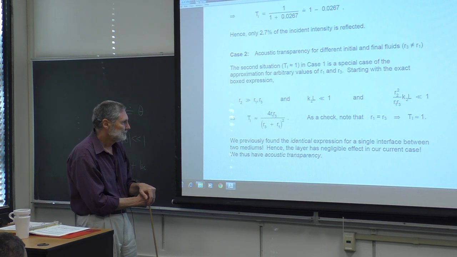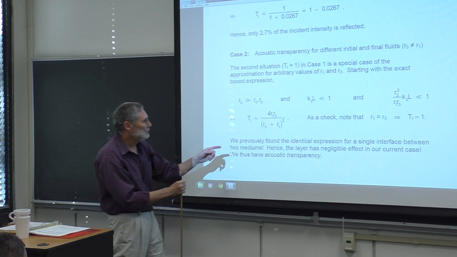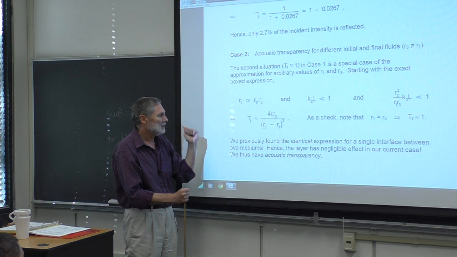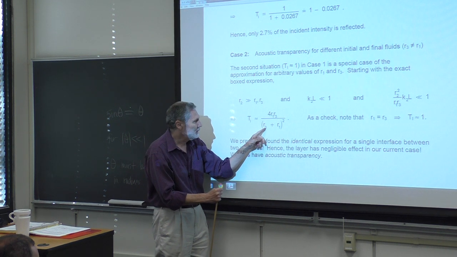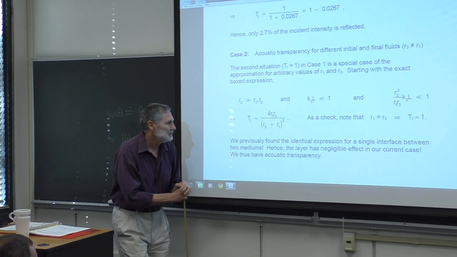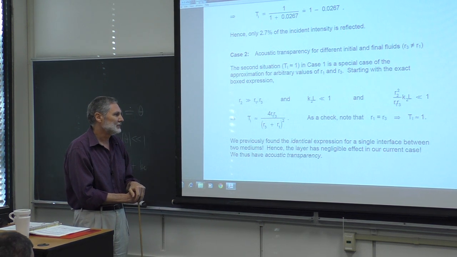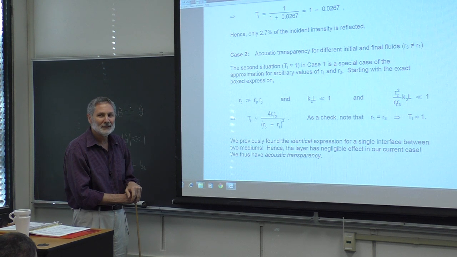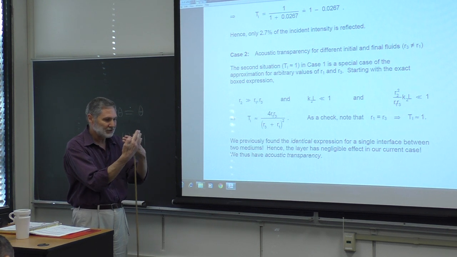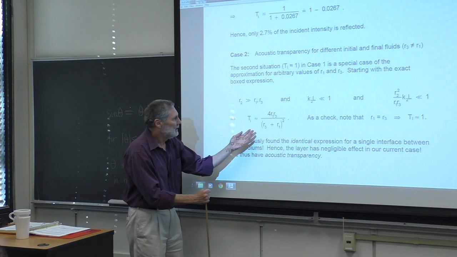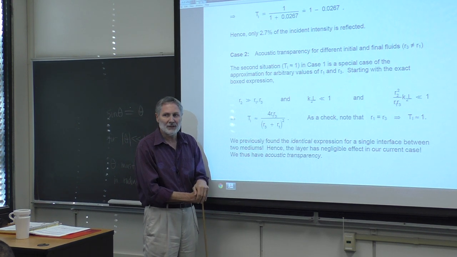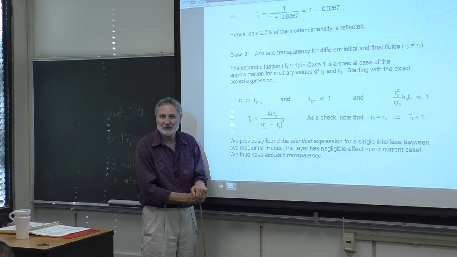However, if you look back at what we did in the last lecture and replace this 3 with the 2, you'll see that this is identical to just an interface between mediums. So we can infer here that the layer is not doing anything. It's as if the layer wasn't there.